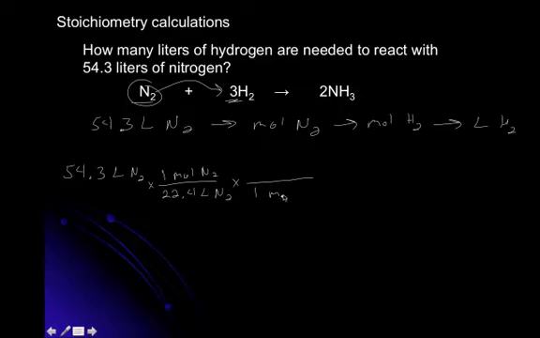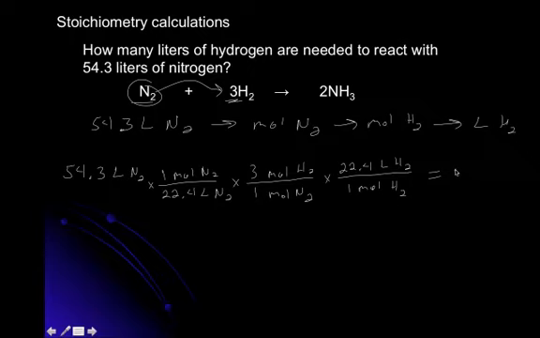So 1 mole of nitrogen to 3 moles of hydrogen. And then we're going to convert the hydrogen to the volume liters using the molar volume again. 1 mole of hydrogen to 22.4 liters of hydrogen. And then run this through your calculator.